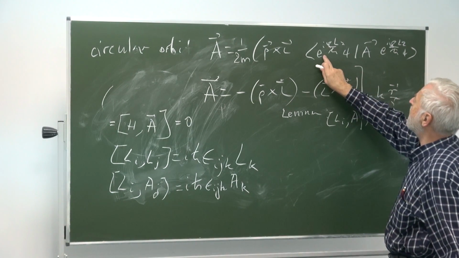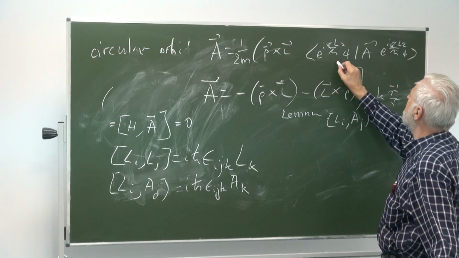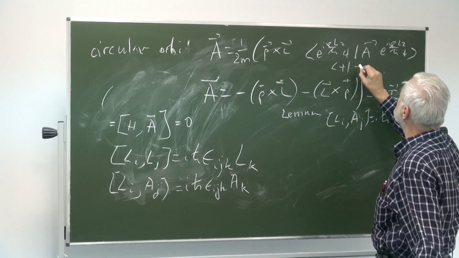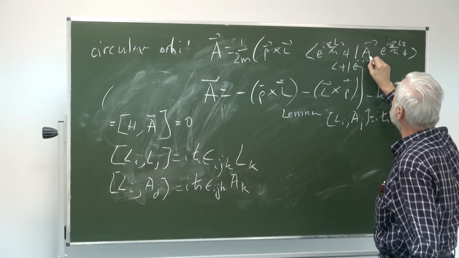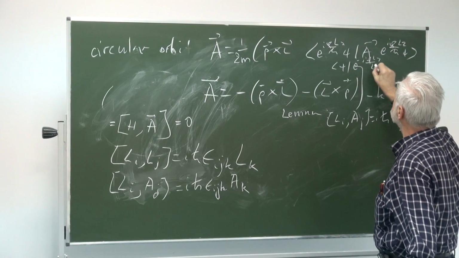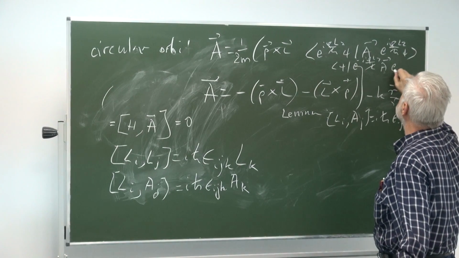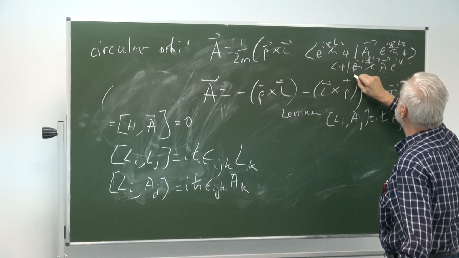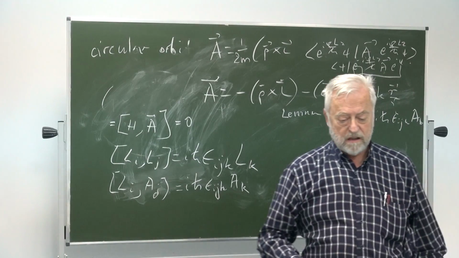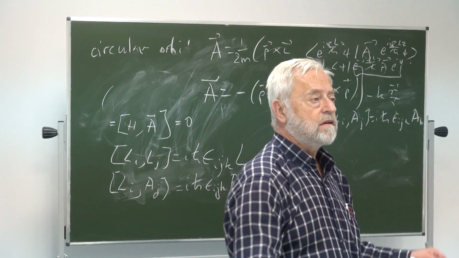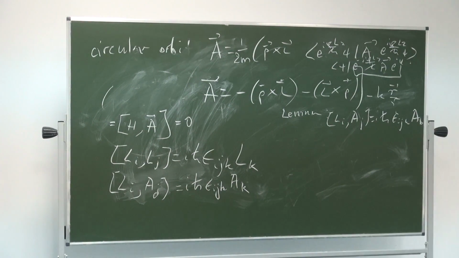We can again shift this operator to this side, and we can say that this is e to minus i phi Lz divided by h bar, the vector, e to i phi Lz over h bar. In other words, this can be called a transformed or rotated version of our vector A.